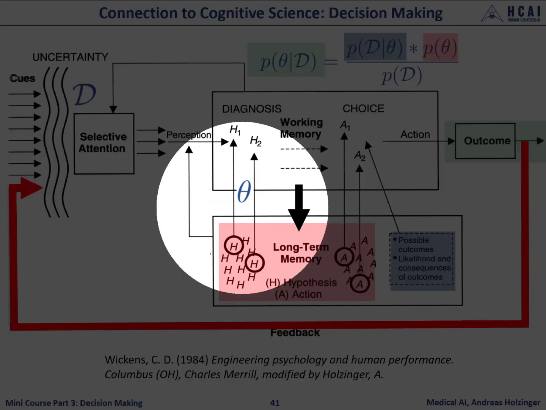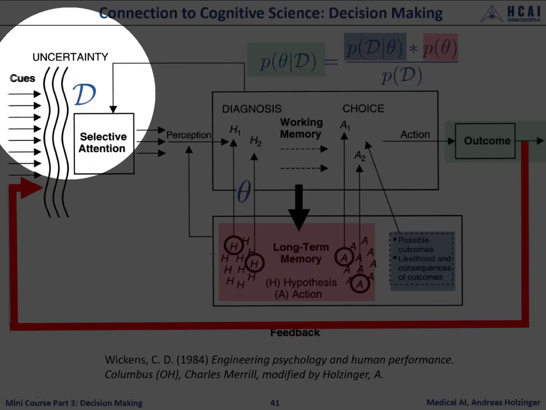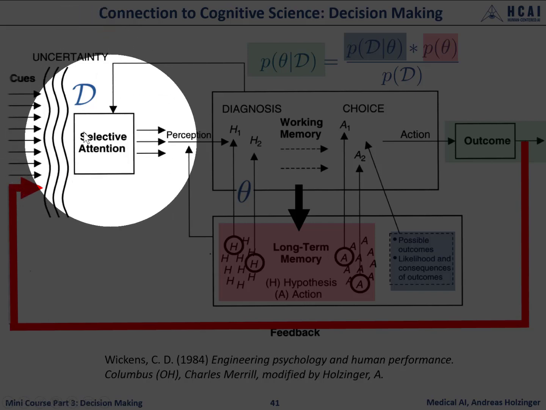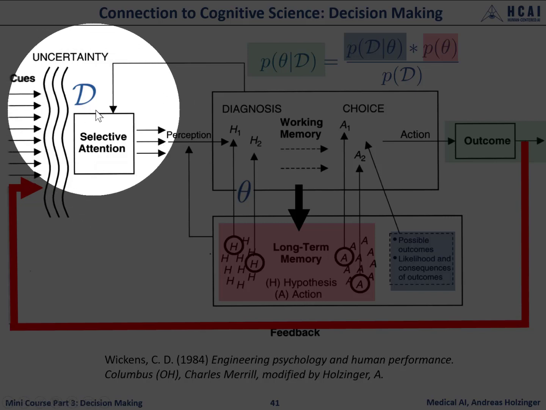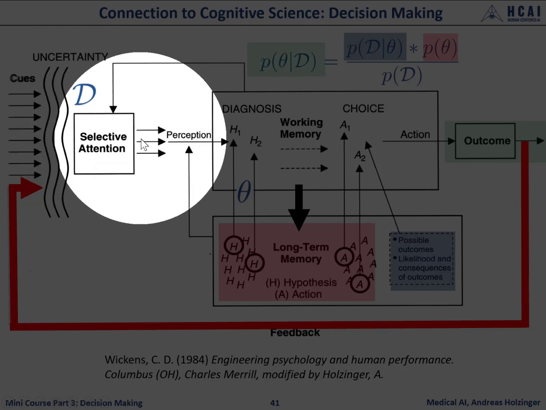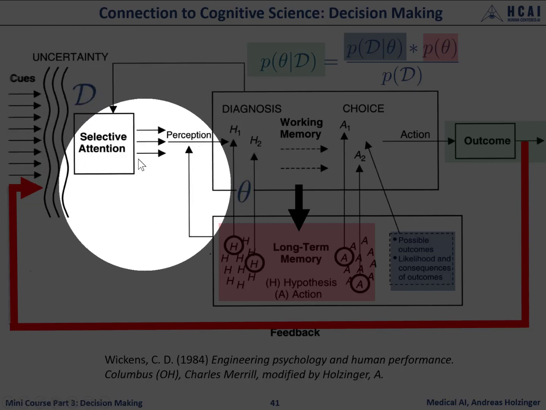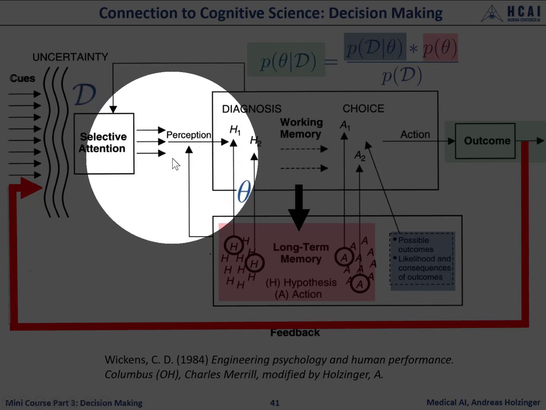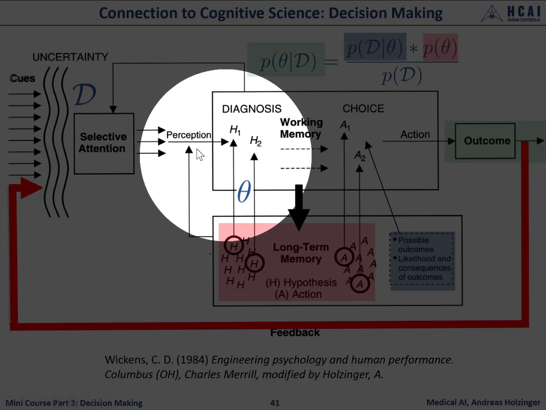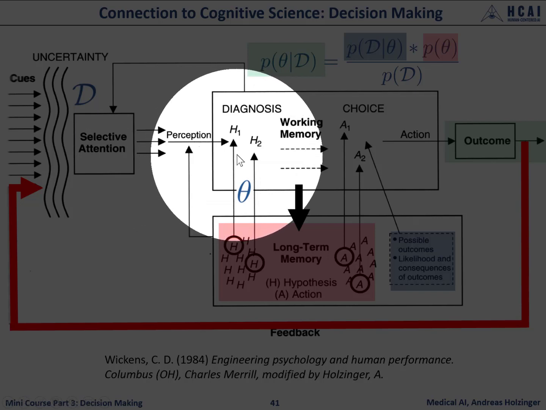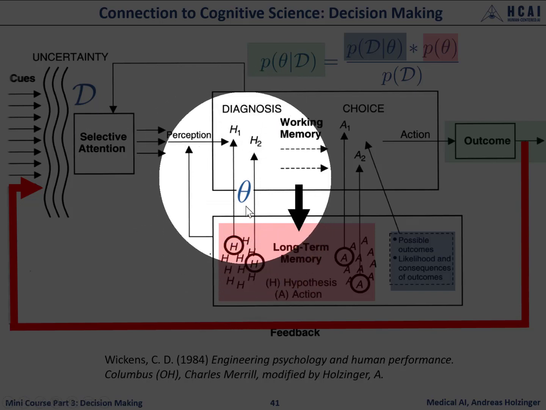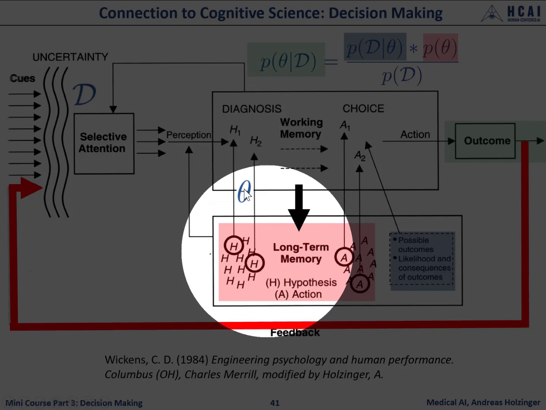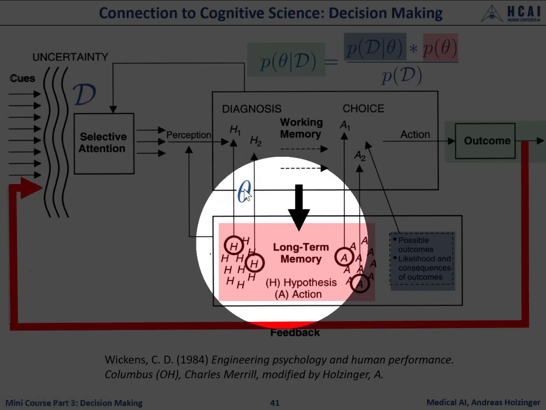For example, we have here this nebula of uncertainty, you have here the physical stimuli, you have here your selective attention. This is the set of your incoming data. We select what is interesting, what is relevant, we pre-select this data, and we form a hypothesis, and we compare this hypothesis, the theta parameters, from your long-term memory, which is your previous knowledge.